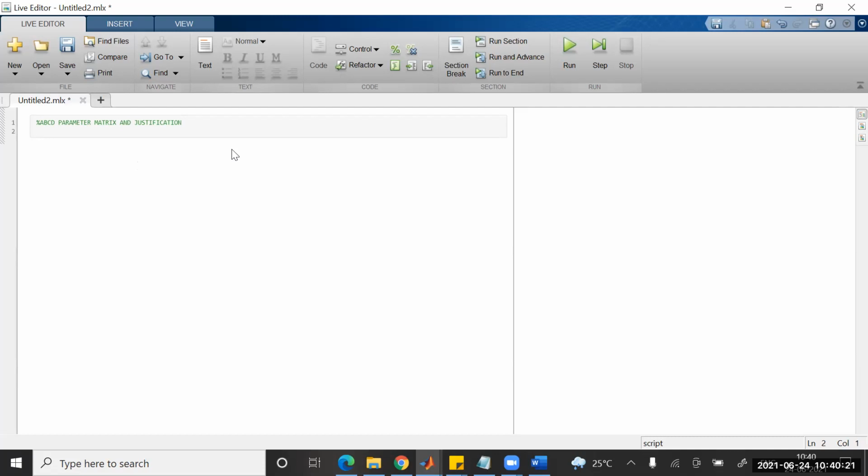First, let's assume the parameter values. We'll give our length; let's take 300 kilometers. Then let's take the resistance value, 0.016, that is the resistance per kilometer.